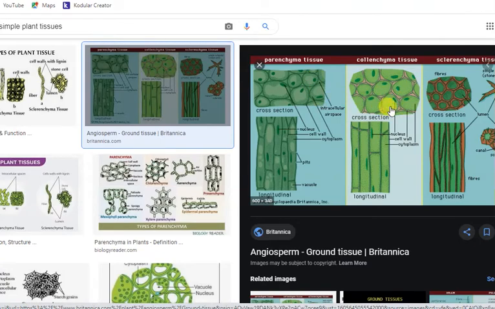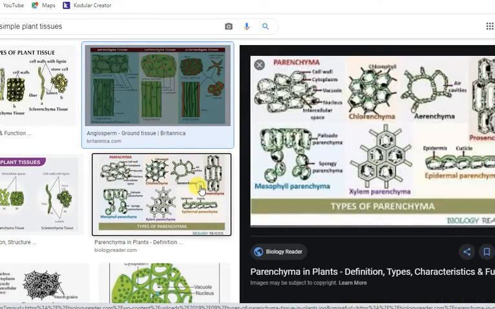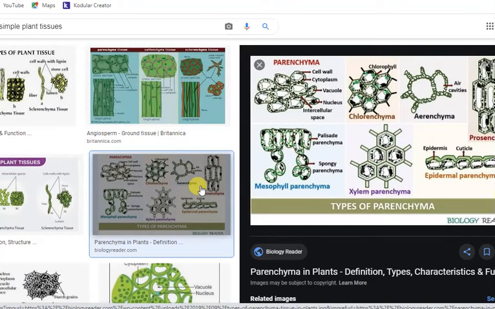And if we move to parenchyma, things are quite different. We'll discuss later the different specializations of parenchyma cells. Parenchyma cells can be specialized into different categories of cell, as we shall discuss later.